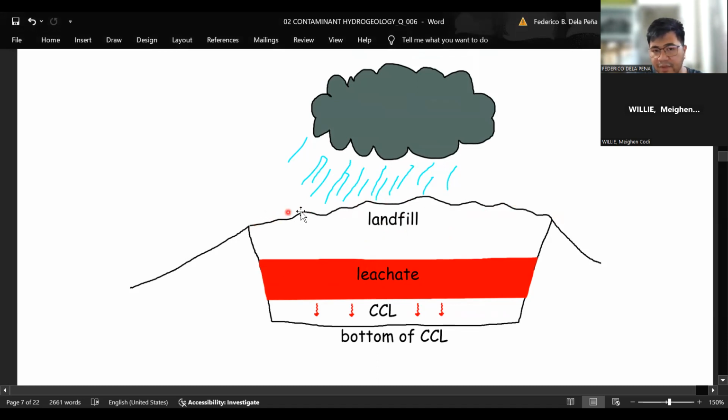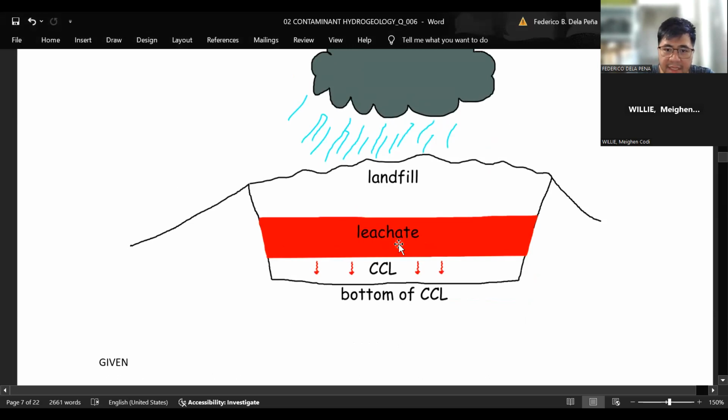There should be some sort of a tarpaulin or an impermeable cover, so that in the event of a thunderstorm or rainfall, there would be a minimal amount of water entering the landfill. Although in this case, there was a severe storm, so you still had an accumulation of water, and therefore an accumulation of leachate in the landfill.